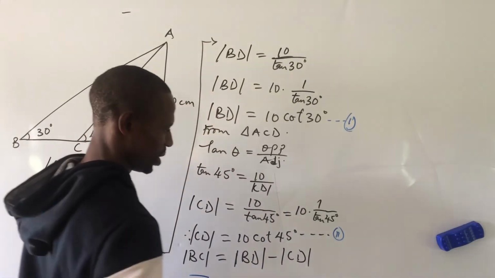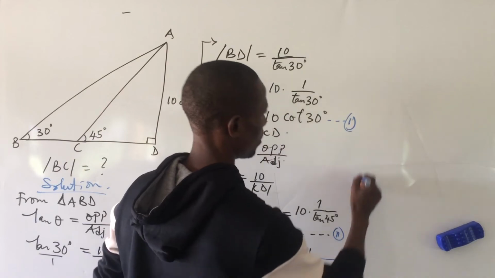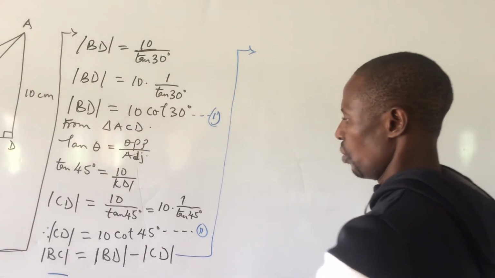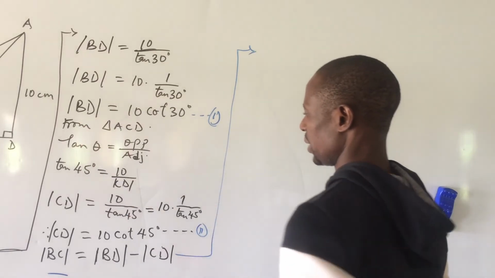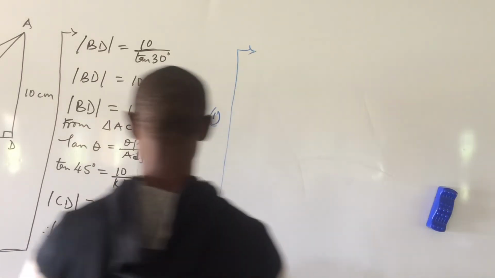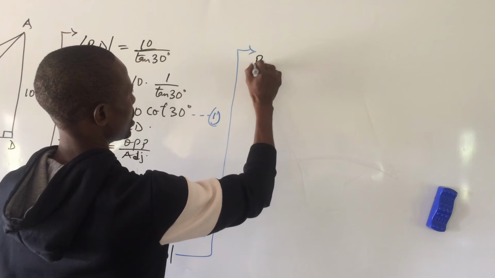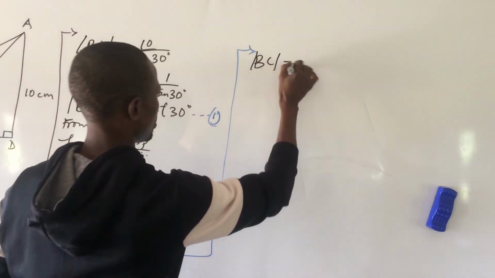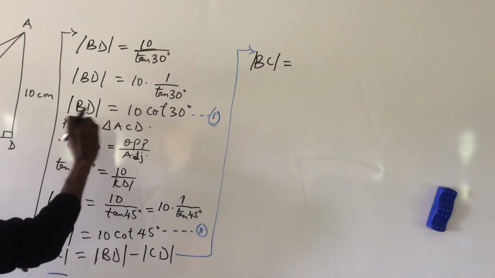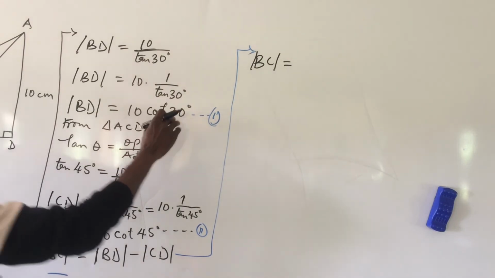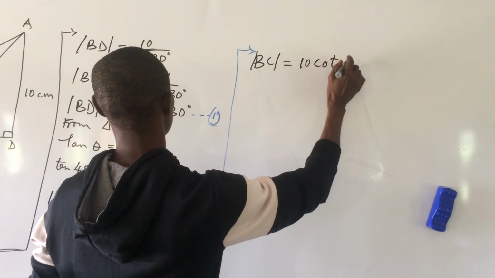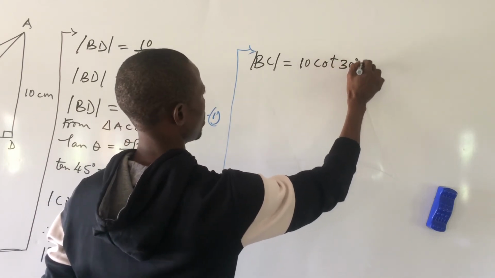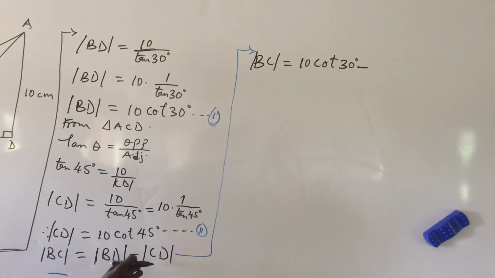Let's continue from here. What is our BD? We've calculated BD already. BC is equal to our BD, which is equation 1, so this is 10 cot 30 degrees minus CD.